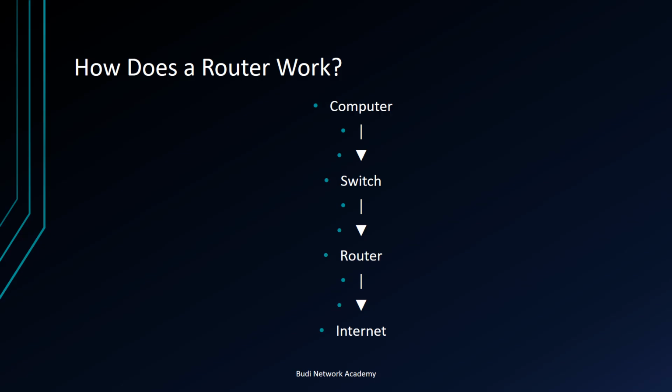It then forwards the packet toward the internet. The response eventually comes back through the router and reaches our computer. All of this happens very quickly, usually in a fraction of a second.